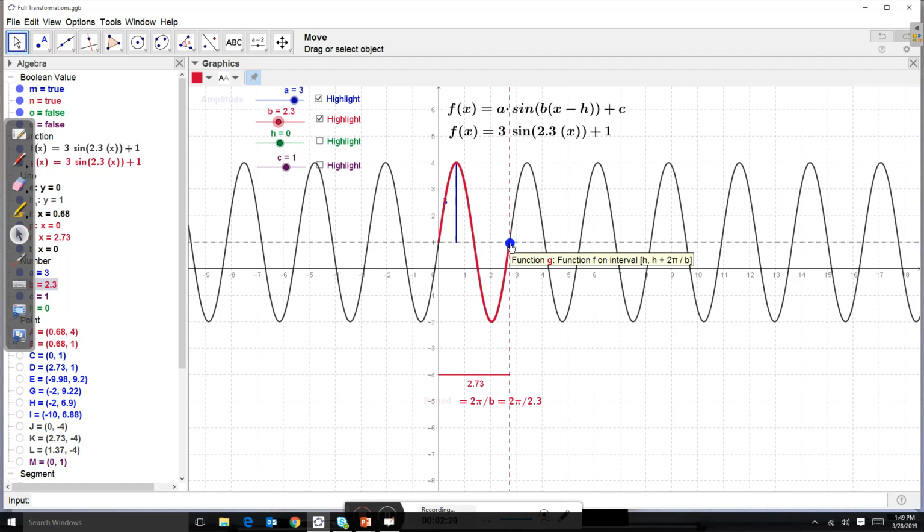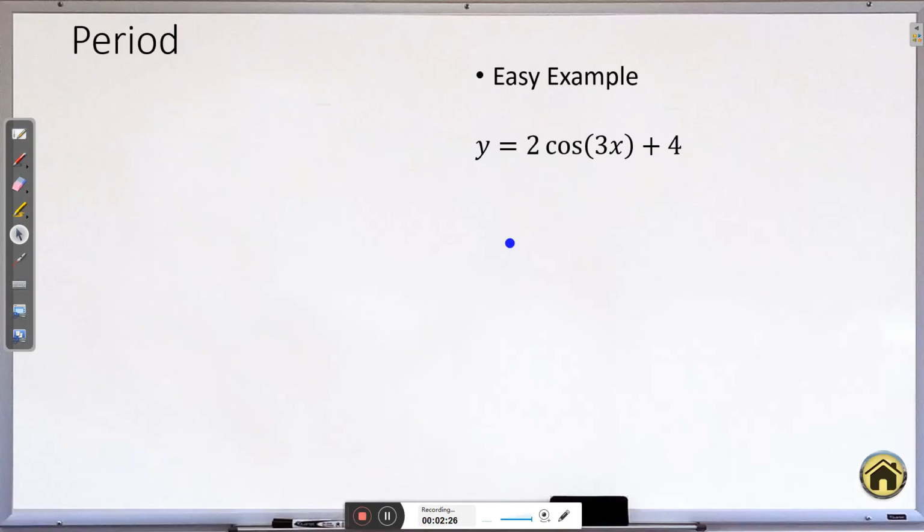So we want to usually find that number. It will help us graph the function. So let's write some of that down here. So first, our period, let's write what it is. Period. This is the distance for one wave.